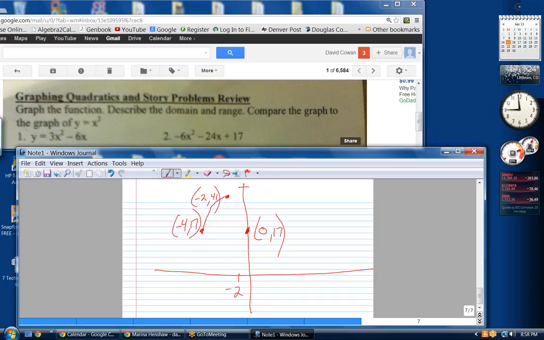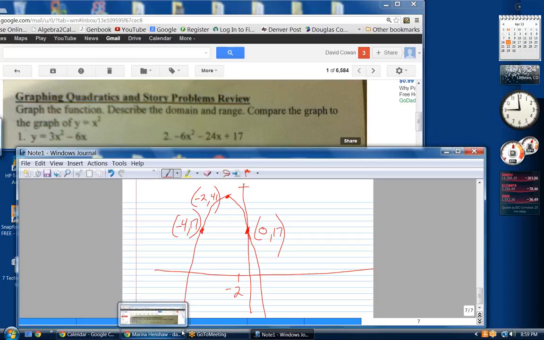And the graph has to look like this. Now, I still don't know the x-intercepts, but once you have 3 points on a parabola, you've got enough to graph it. I'm not sure what your teacher is telling you. She may want 5 points, but 3 points is enough to graph a parabola.